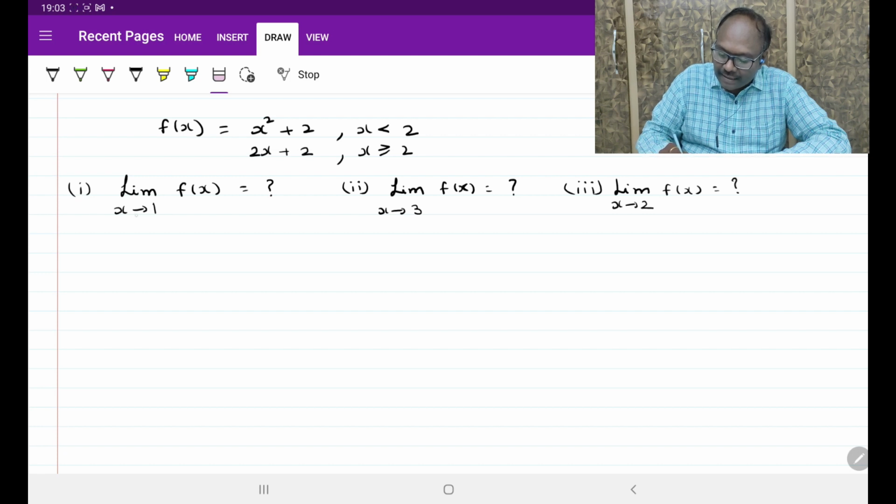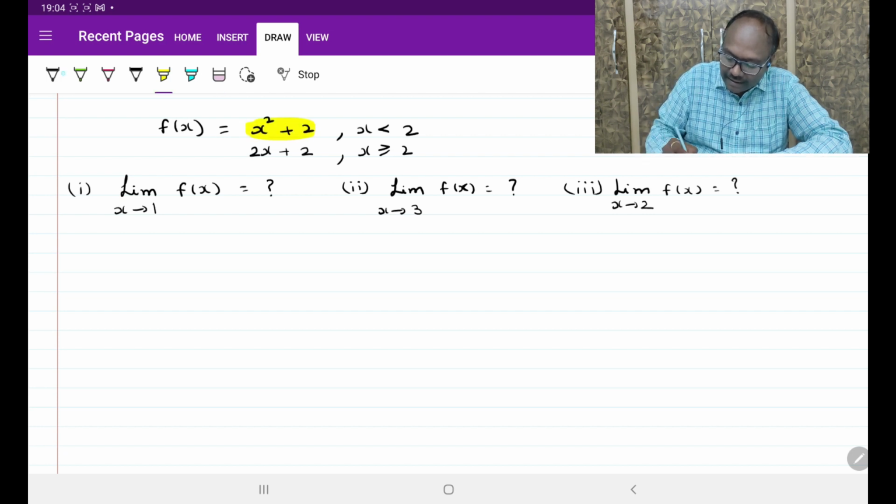Here it is clearly observed that when x is tending to 1, x is taking a value slightly less than 1 or more than 1. So what is the definition which is apt for x tends to 1? Is it the first definition or second definition? It's obvious that for all the values of x less than 2, it is x square plus 2. Therefore, I have to choose the first definition in this case.